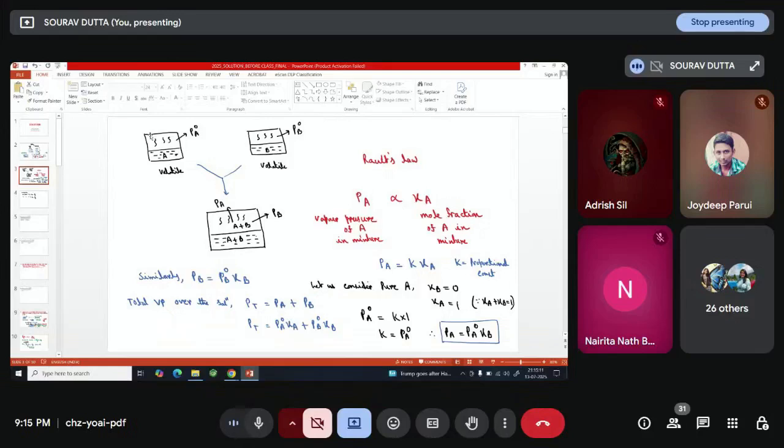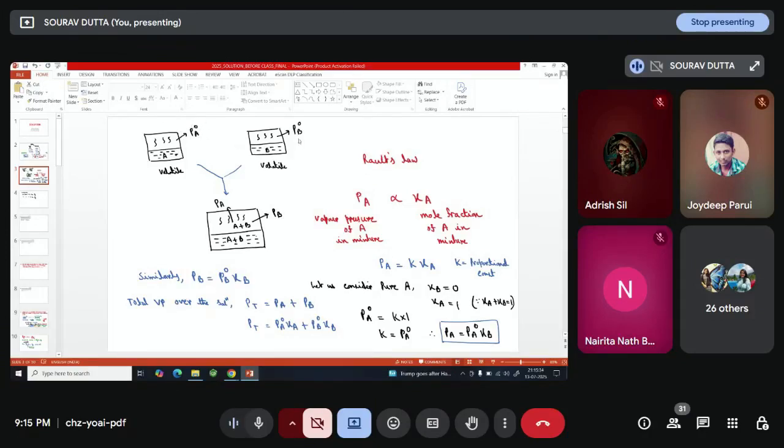Suppose you have a pure liquid, that is a volatile liquid. You have a pure liquid A that can be evaporated. Fine. So the vapor pressure will be created. Suppose the vapor pressure of this pure A is represented by PA naught.